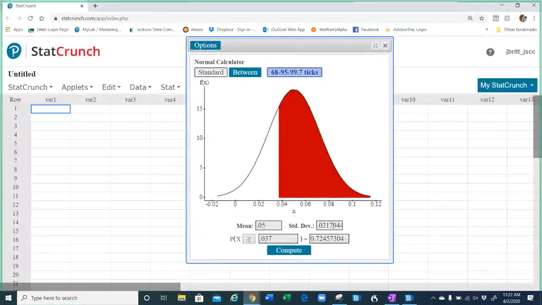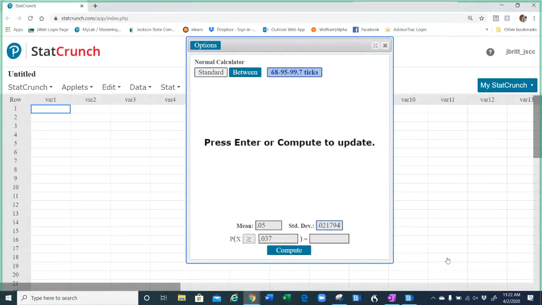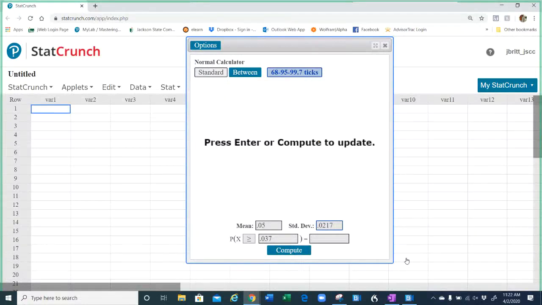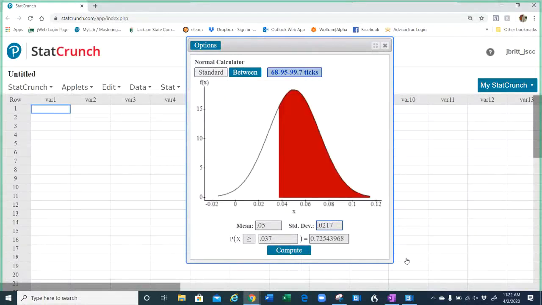Sometimes this question may be a little bit strange on the rounding. Let's see if we go down to here. 0.724, so we still get 0.7246. 0.7254. Let's see, 0.02179. 0.7246.